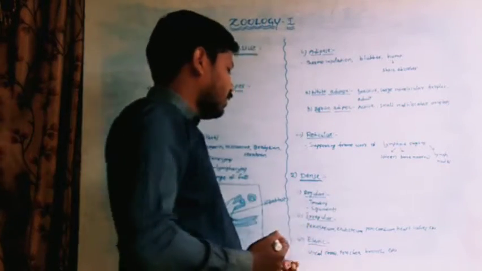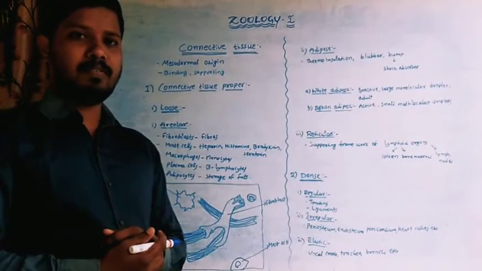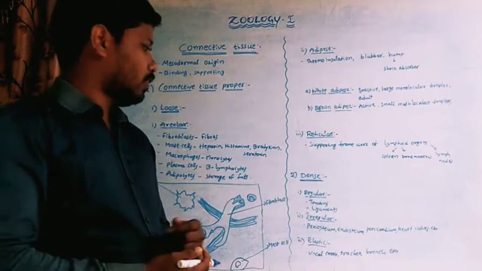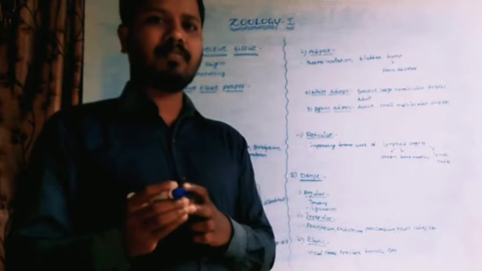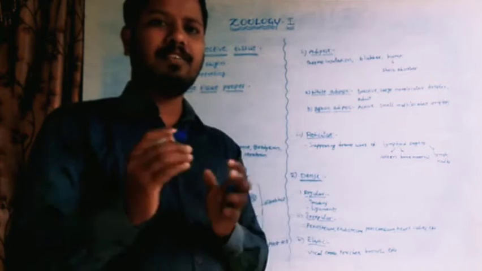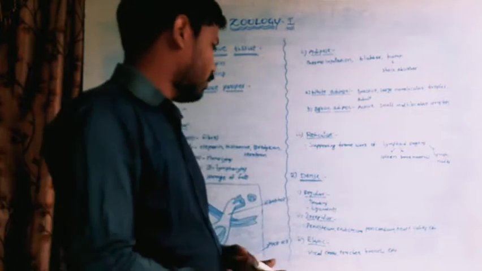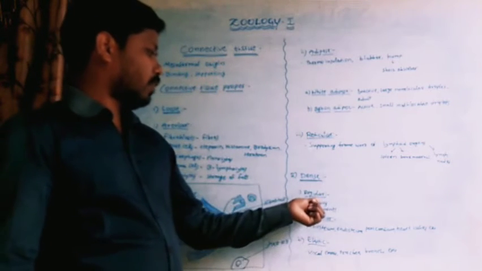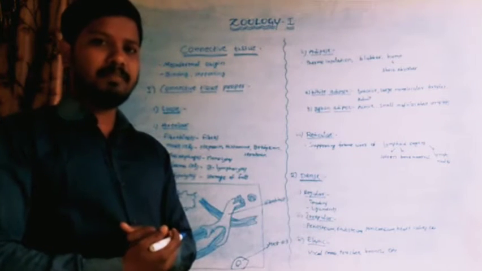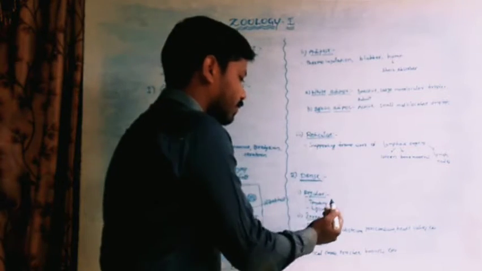In the regular dense connective tissue, the collagen fibers are arranged parallel to one another. Tendons and ligaments are regular tissues.